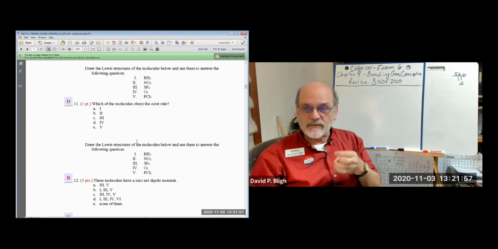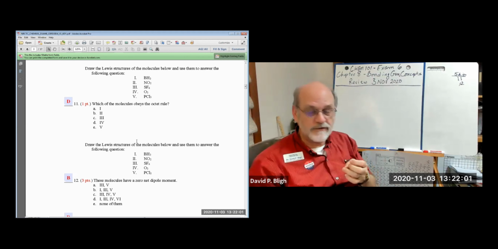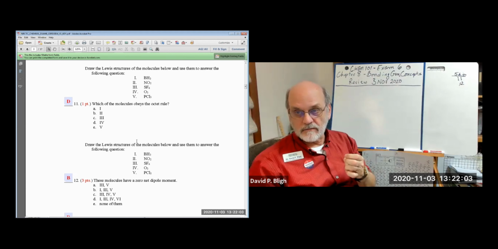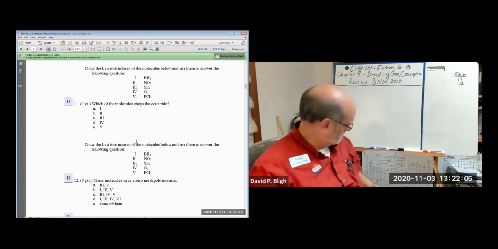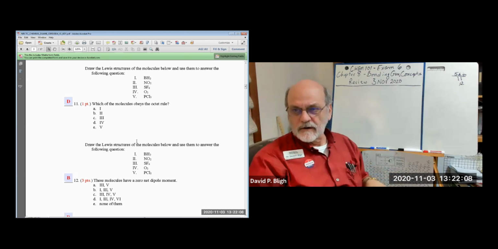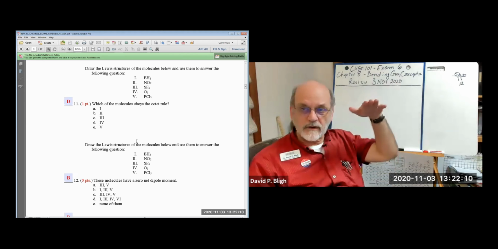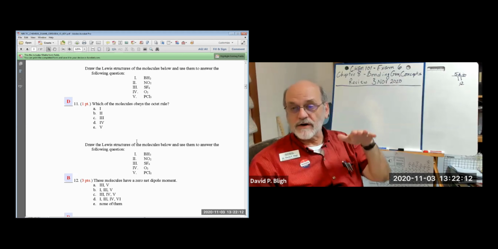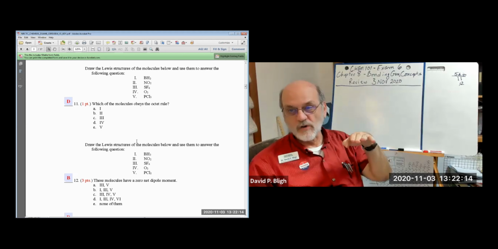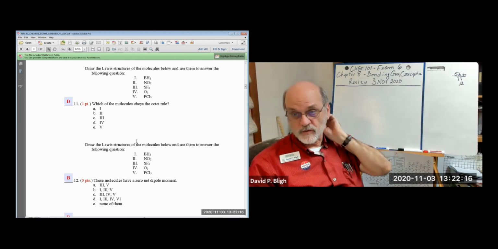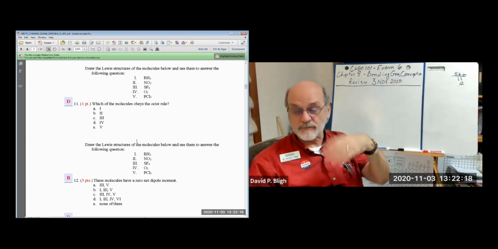And those central atoms which exceed the octet are going to come from the fourth period on down. Why? Because they have access to d orbitals. And d orbitals is where those lone pairs go in this particular model.